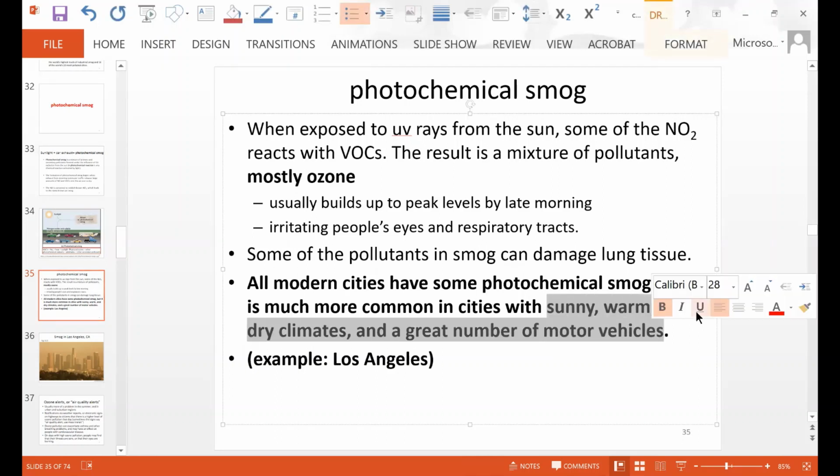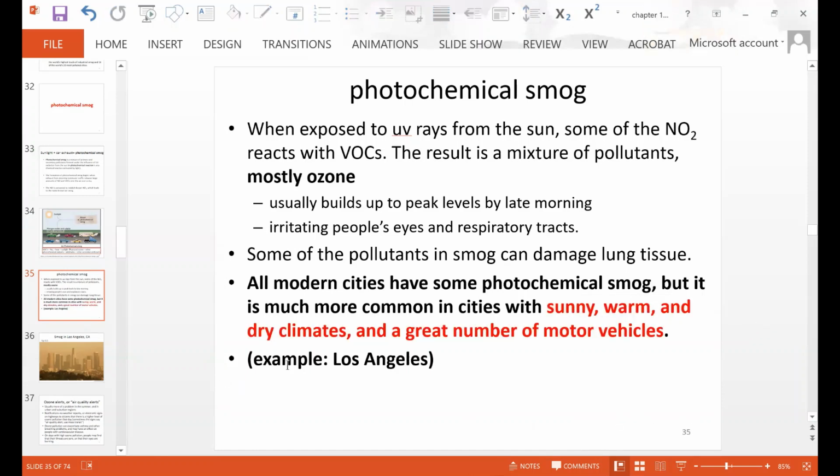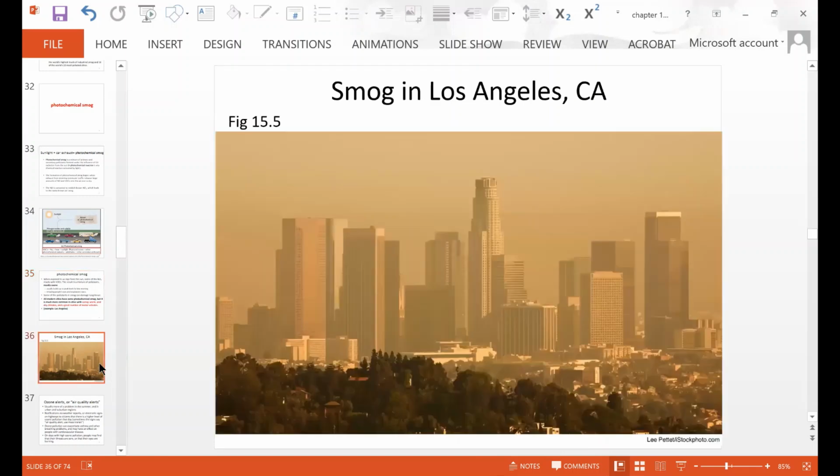Sunny, warm, and dry with a lot of cars, and that is going to be Los Angeles as an example. So here is a photo of LA with the smog in the air.